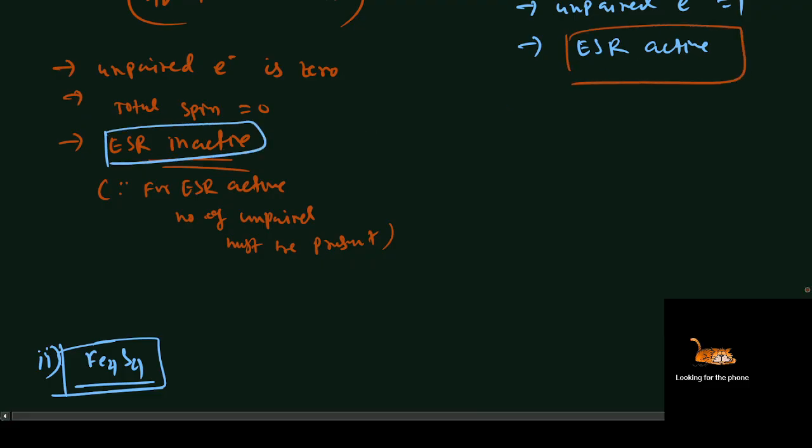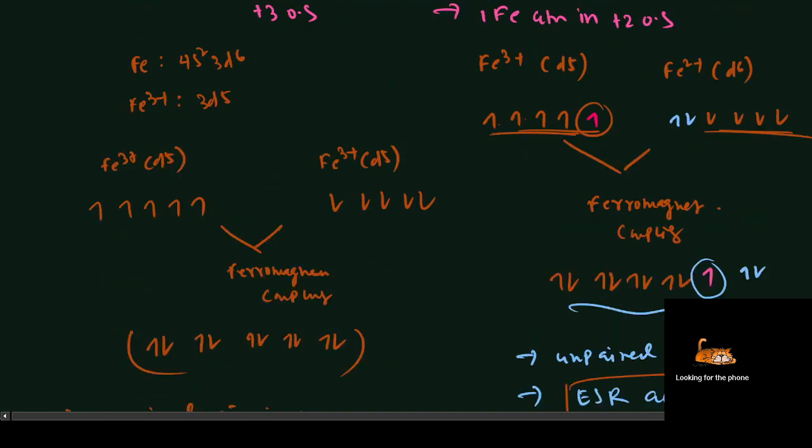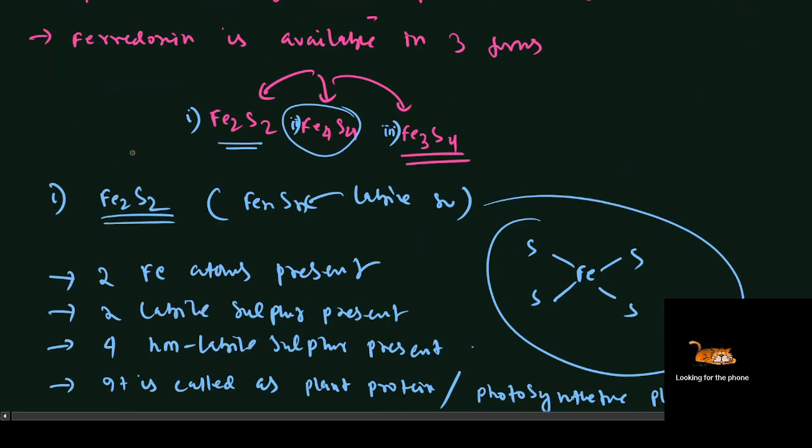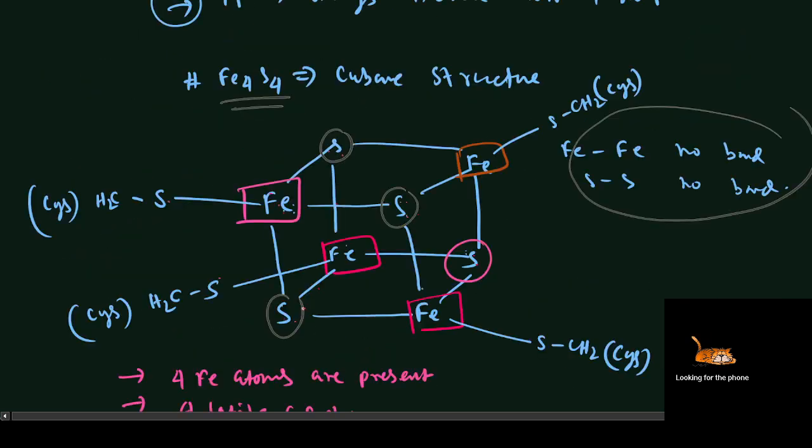So what we see for ferredoxins is that only in the Fe3S4 case are both oxidized and reduced forms ESR active.